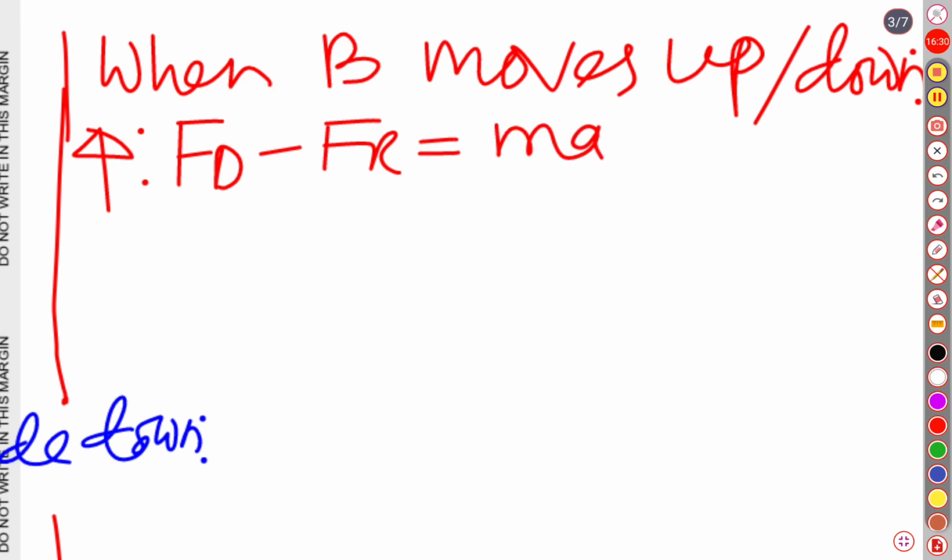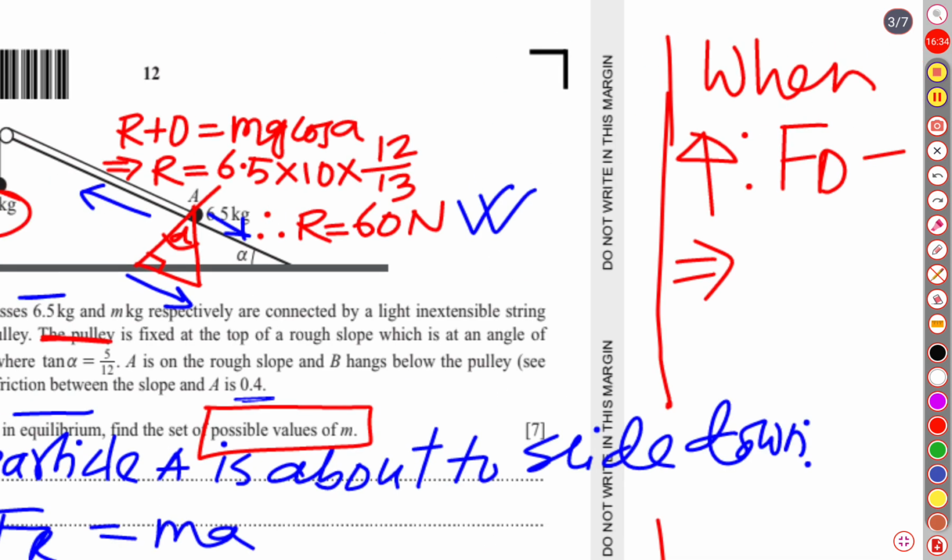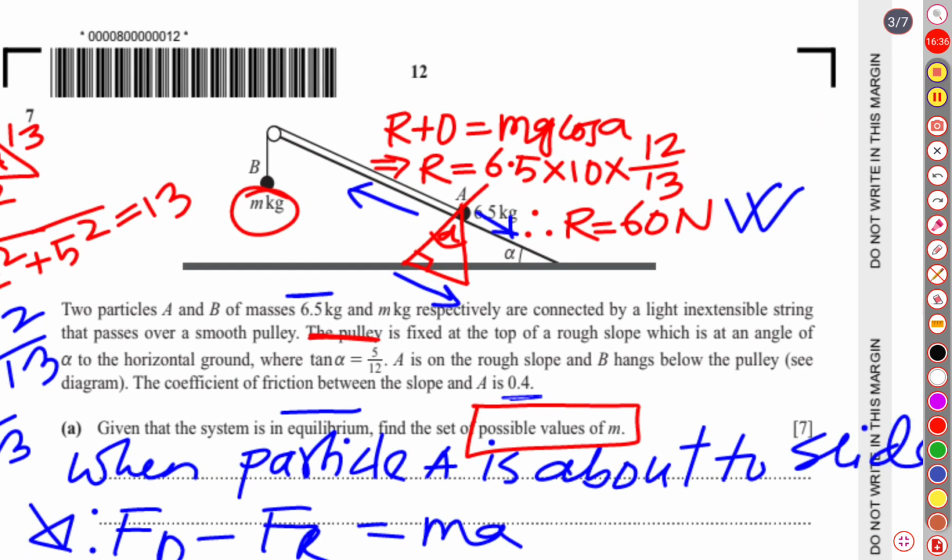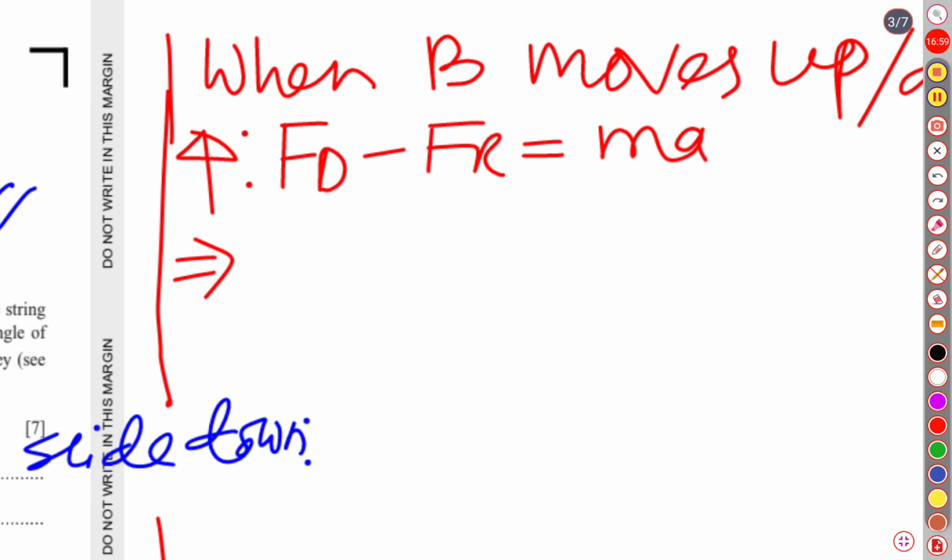Now let's see what is the driving force when the particle B moves up. The external force acting on B is nothing but the tension in the string. Only string is acting, and the opposite force is weight. So there are only two forces, and one must be equivalent to the other one. As there are only two forces, whether it moves up or down, it will be the same. So if it moves up, then tension is the driving force.